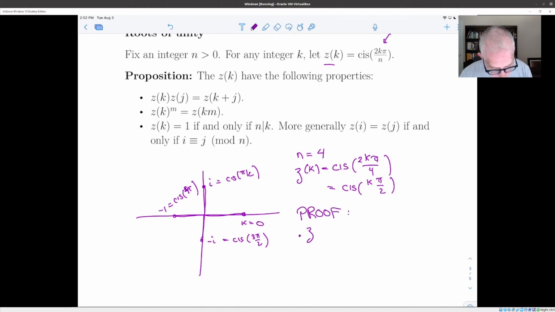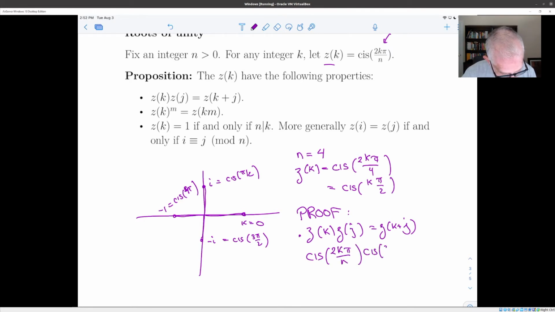First of all, we want to show that z of k times z of j is z of k plus j, but that's just the additive rule for cis, because this is cis of 2k pi over n times cis of 2j pi over n. And you multiply those together, and by the addition rule it's cis of 2(k plus j) pi over n, which is z of k plus j.